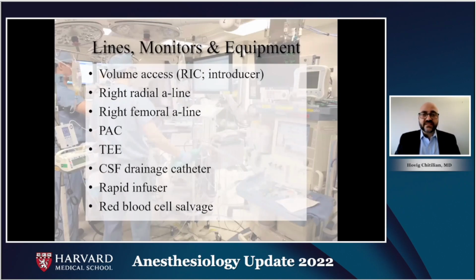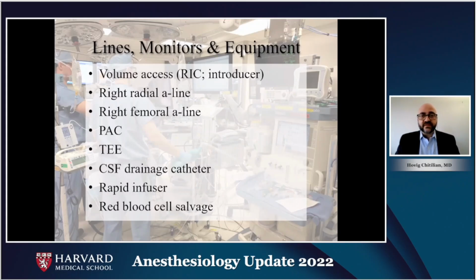As far as lines, monitors, and equipment, volume access is paramount. Blood pressure can be monitored proximal to the clamp, so to the head, using a right radial A-line. A right radial A-line is placed on the right side in case the left subclavian artery has to be clamped, or the proximal clamp has to be placed proximal to the left subclavian artery.